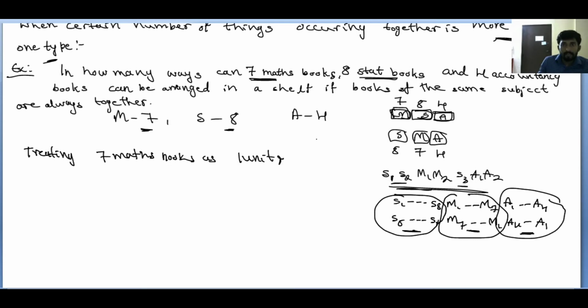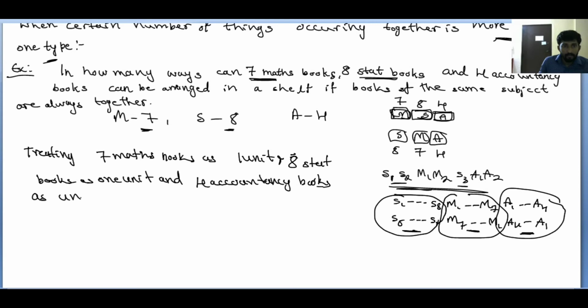Okay. Then 8 stat books are there, right? Again, the 8 stat books as one unit, and the 4 accountancy books as one unit. Okay. Clear?